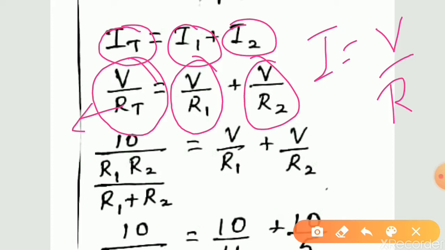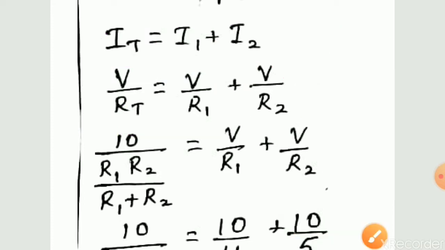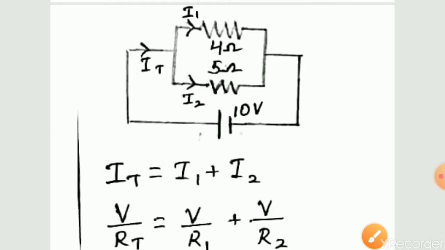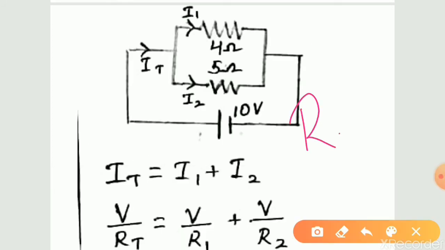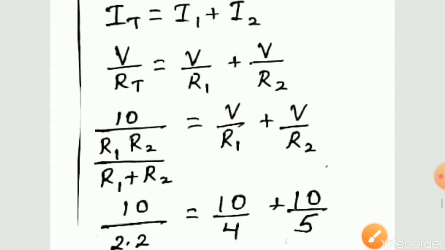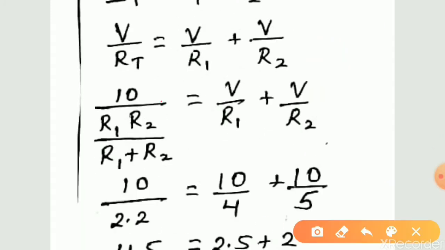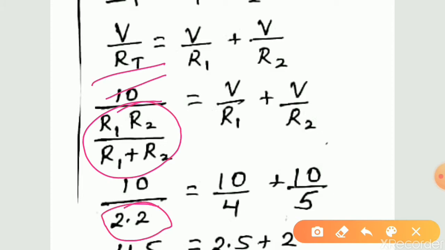Since the resistors here are connected in parallel, we will apply the formula to solve the parallel circuit, R1 parallel R2, which will be equal to R1 R2 divided by R1 plus R2. We get total resistance value equal to 2.2.